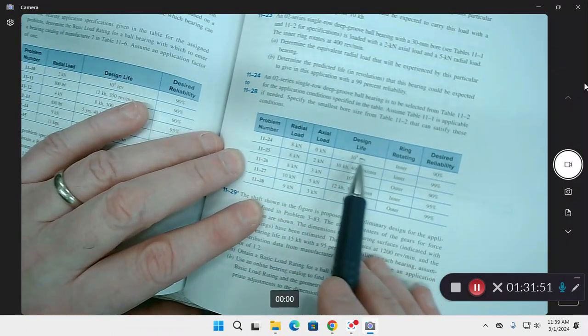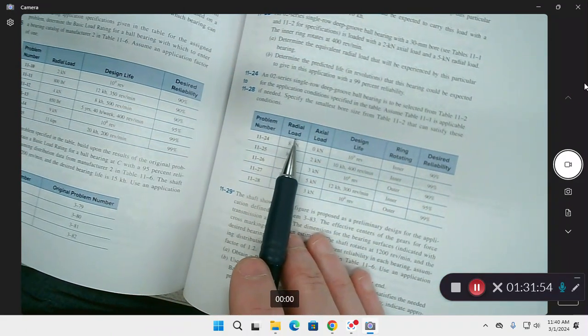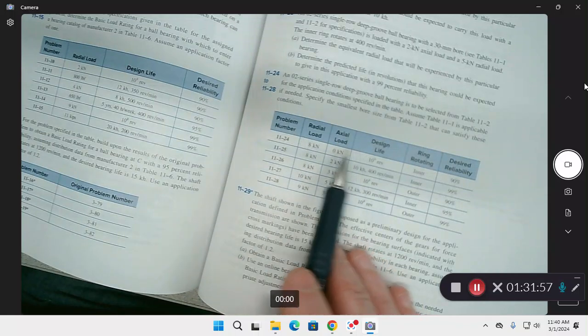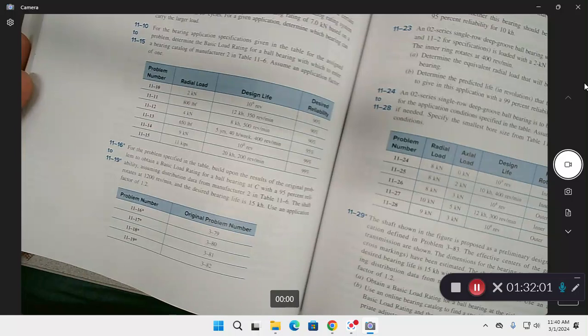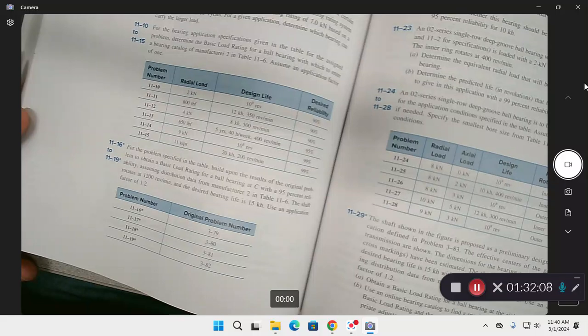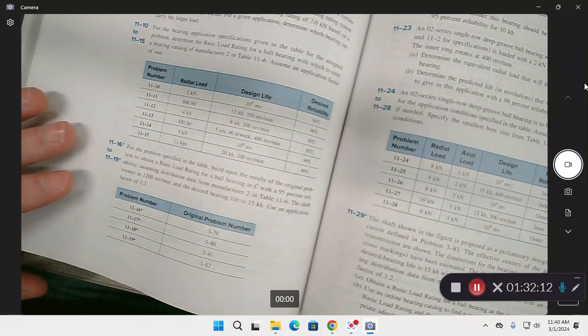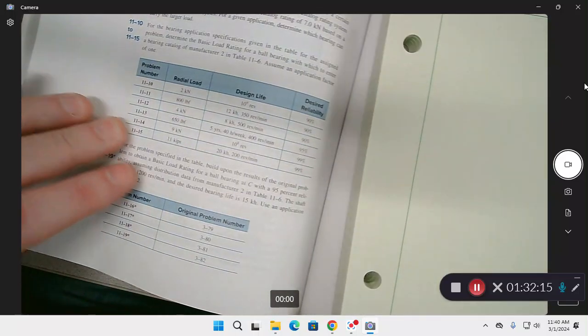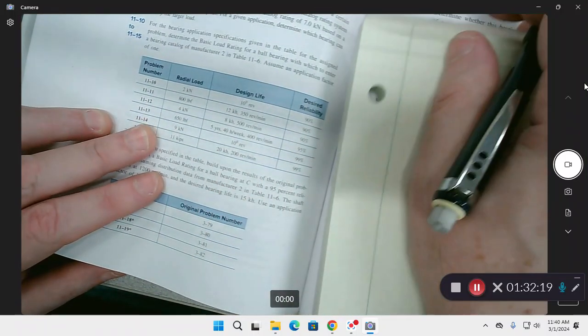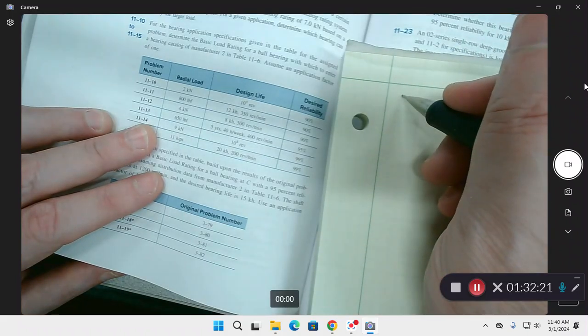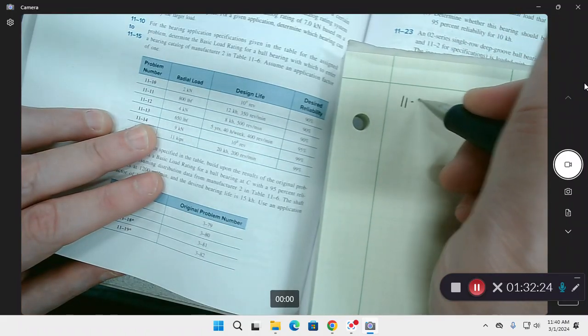I won't be asking a radial axial load one, because that just takes too long to do the iterations, although I have seen people who ask that question. Let's just do a basic bearing problem, one of these. Maybe problem 11-13.